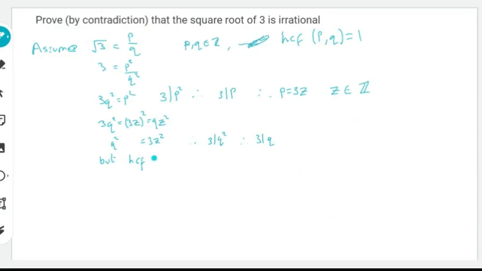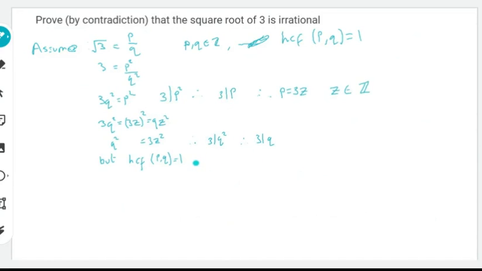Pardon? That doesn't prove it's odd though. It's not about proving that it's odd. What it does do is it goes against the fact that the highest common factor of p and q equals 1. But if they're both multiples of 3.